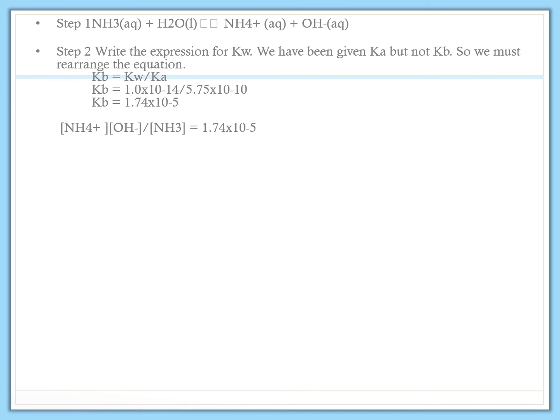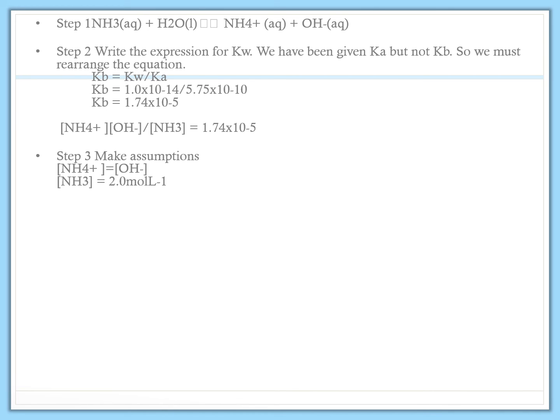Write the Kw, and we are given a Kb, not a Ka. We want a Ka because we're asked to find hydronium or pH. So we rearrange that. Ka equals Kw over Kb. We know the Ka, so we can solve for Kb. Then we write the equilibrium expression for Kb. Gives us that number there.